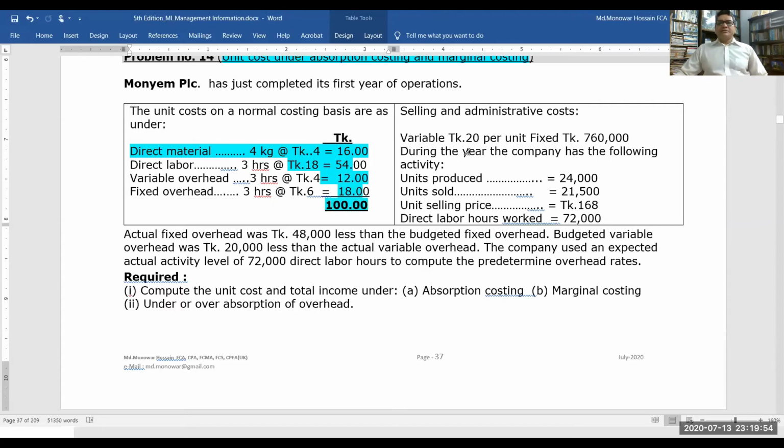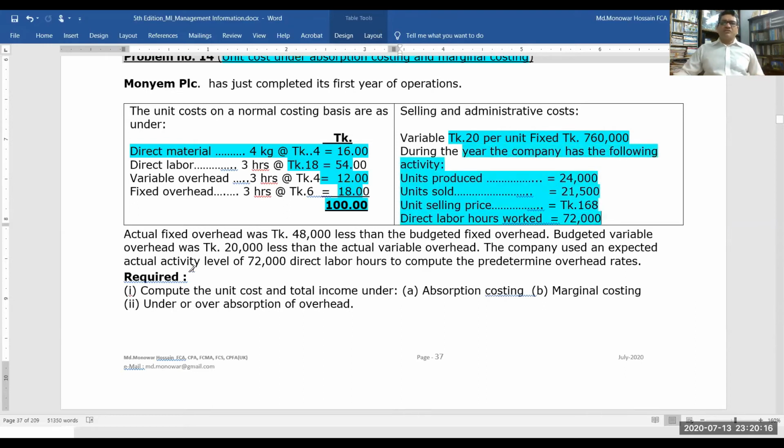And very well, 20 per unit, fixed 7,60,000. During the year, the following activity done: unit produced 24,000, sold 21,500, unit selling price 168, direct labor hours worked 72,000.